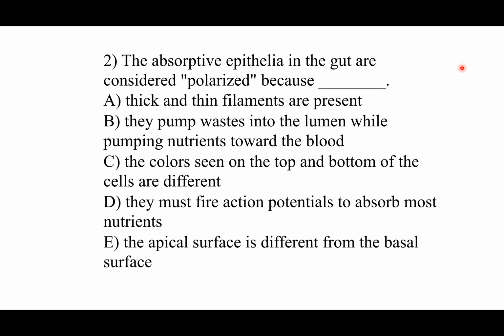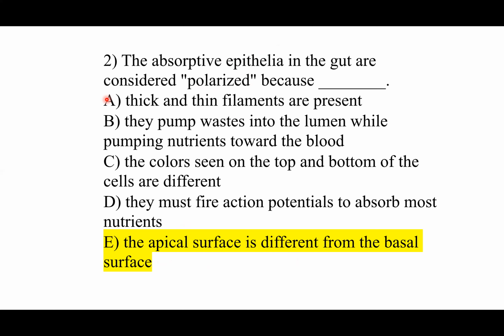Next, the absorptive epithelia in the gut are considered polarized because E, the apical surface is different from the basal surface. Okay, so the key word here is polarized. And going through these, A, thick and thin filaments are present.